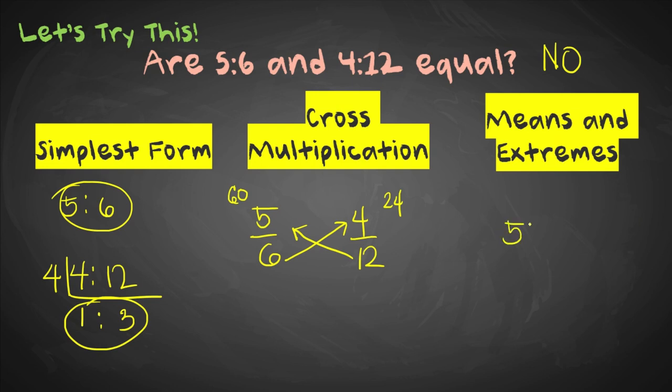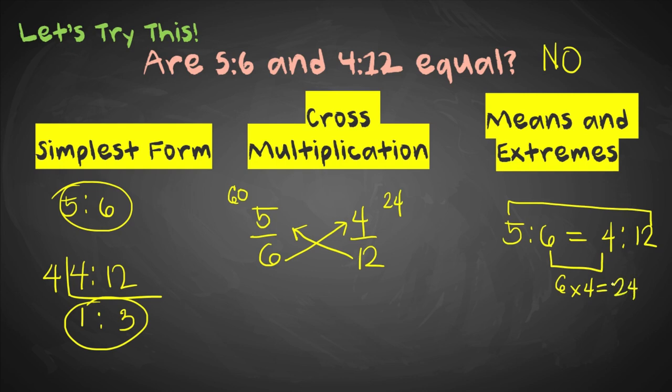So, we have 5 is to 6. Is it equal to 4 is to 12? So, get the means and the extremes. Means is 6 times 4, that is 24. And then extremes 5 times 12, that is 60. So hindi equal. 5 is to 6 and 4 is to 12, they are not equal.